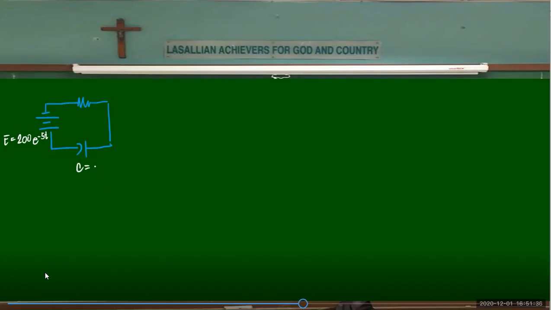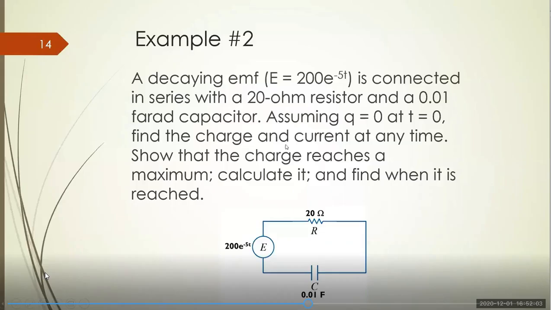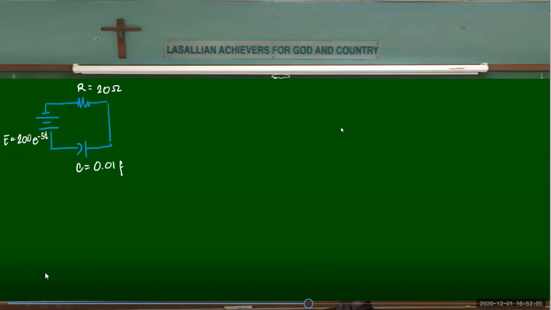The C has a value of 0.01 farad. The resistor is 20 ohm. At time equals 0, the Q is 0.